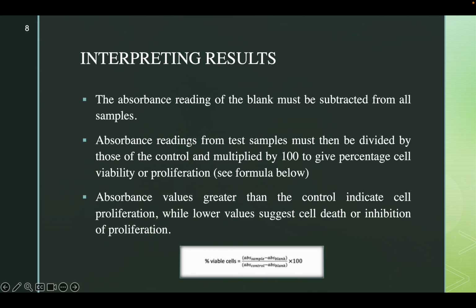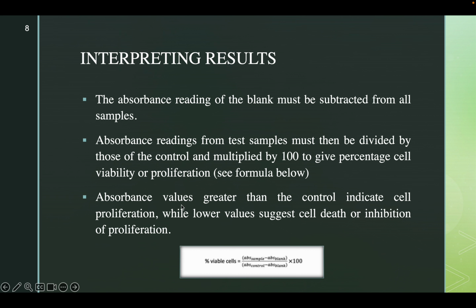Actually we will use this calculation to measure it, and you must make sure that you have the absorbance reading of the blank, meaning you put just medium that doesn't have any cells, and this must be subtracted from all samples.